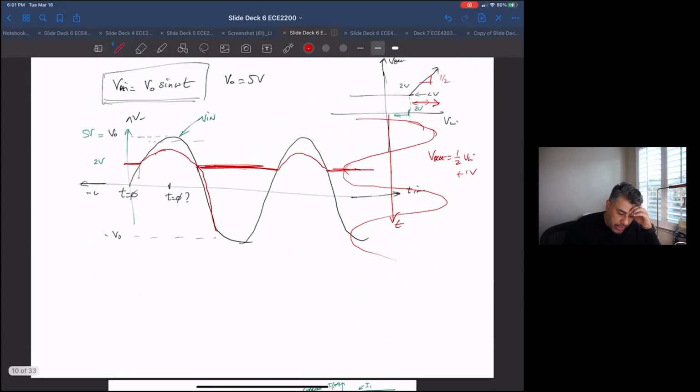Looking at it here, Vn is 5 volts. So if I look at what V out would look like at its peak, it's 1/2 of 5 volts plus 1 volt. That's 2.5 volts plus 1 volt, which is 3.5 volts at its peak. So that's what V out would look like.